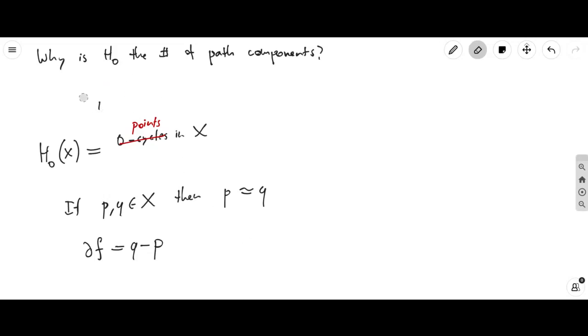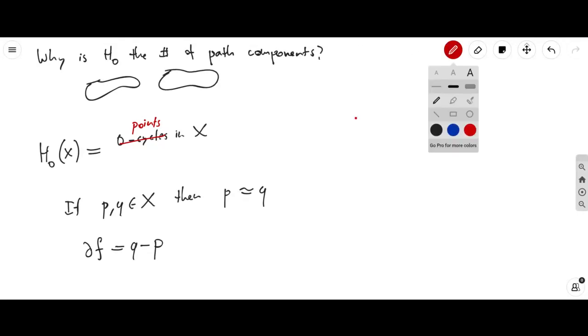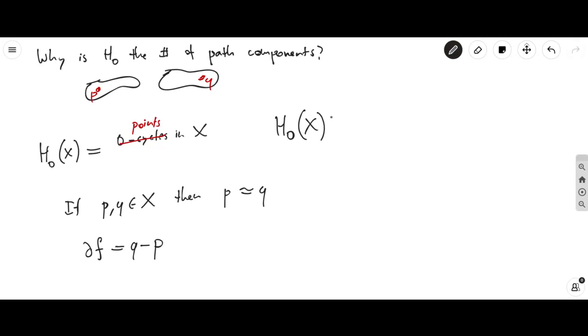However, if your space has two path components, let's say a point over here and a point over there, then you cannot find a path that contains them. And then the 0th homology of X would be isomorphic to 2 copies of Z. If you want to write it more appropriately, you would say it's the homology class of P, because any point in this component will automatically be homologically equivalent to P, and you're just including the multiplicity.